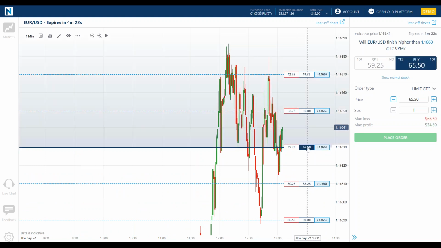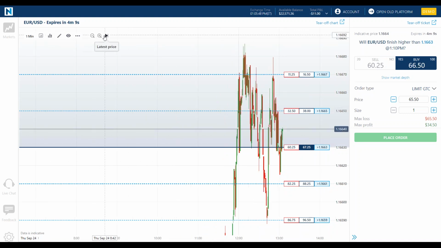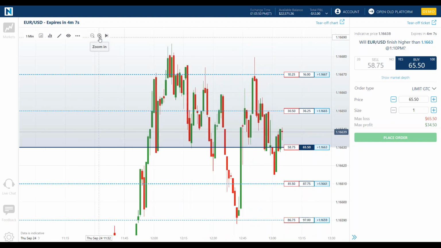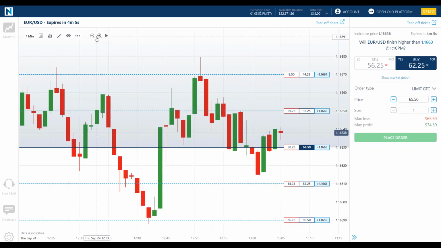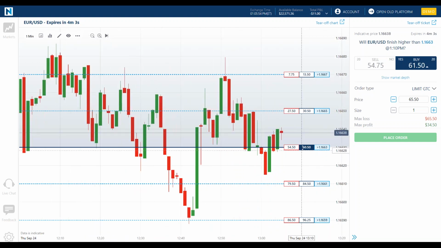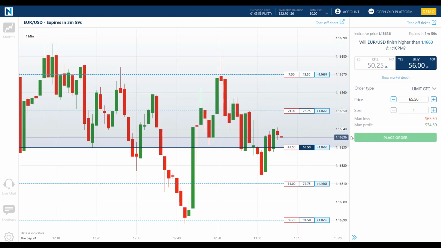The first one that I had actually picked was around 50% probability. It is now trading around 63%. All right. That's because the price is currently above. Okay, there, I actually want to make this a little easier to see. The price is currently, you can see that it's trading at 116.66.